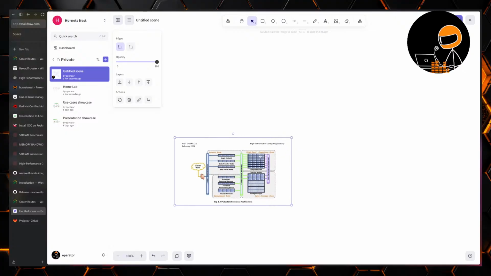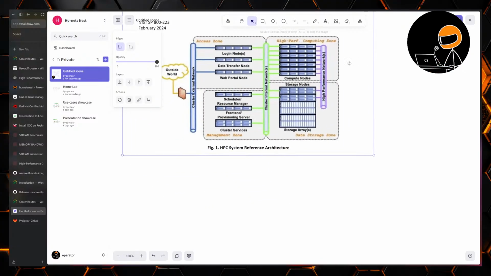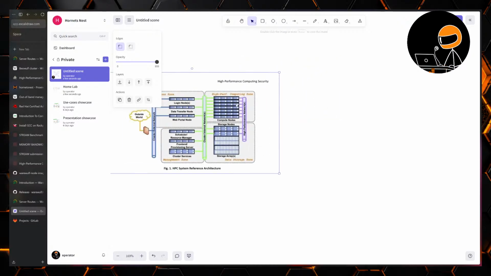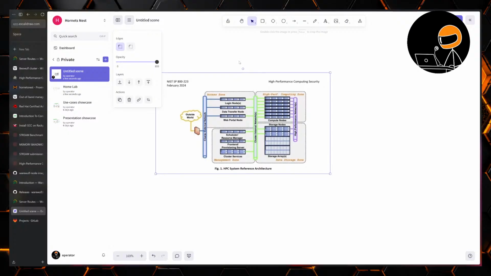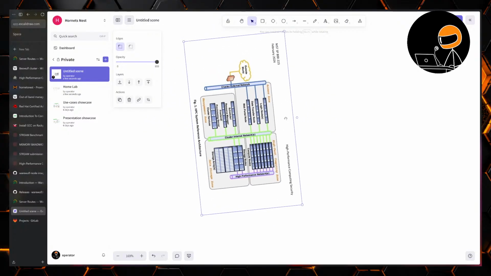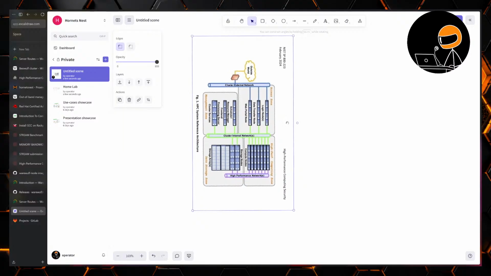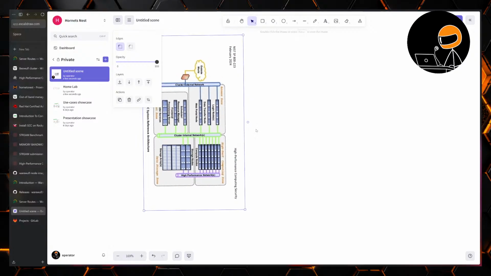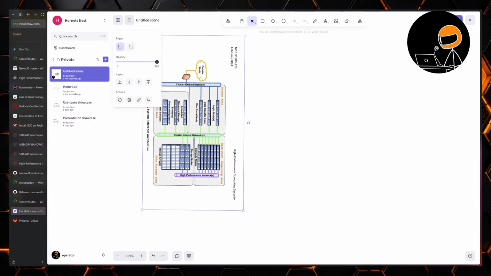I can make that a little bit smaller. Cool. I know that might be weird. Okay, there. For whatever reason, it just makes more sense this way.